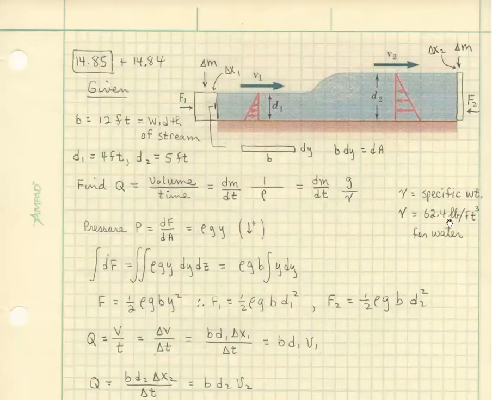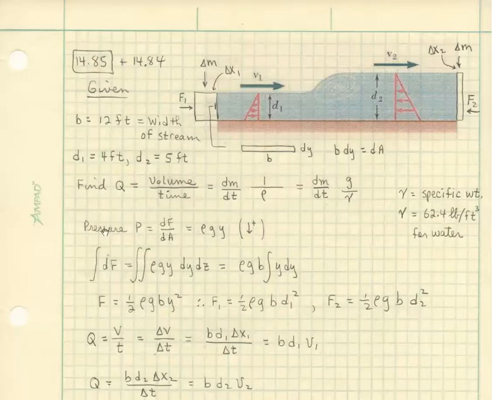We don't need that, but if you divide that by g, you would get so much mass per unit volume. Anyway, this is the relationship between Q and the dm/dt that we use, and the specific weight.